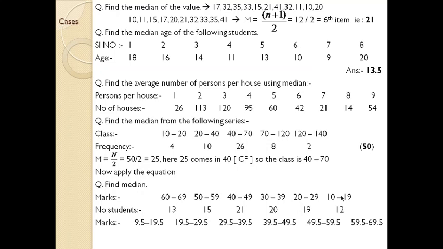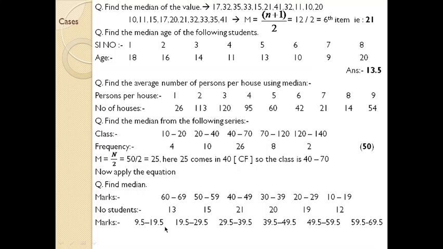If you take one class, you need to deduct 0.5 from the lower value in that particular class, and you need to add 0.5 to the higher value in that particular class. So here it is 10 to 19, so 10 minus 0.5 will be 9.5, and 19 plus 0.5 will be 19.5.